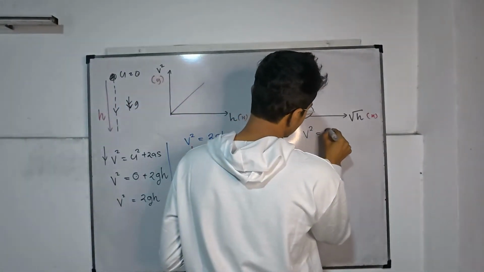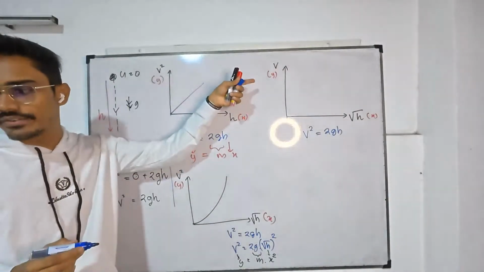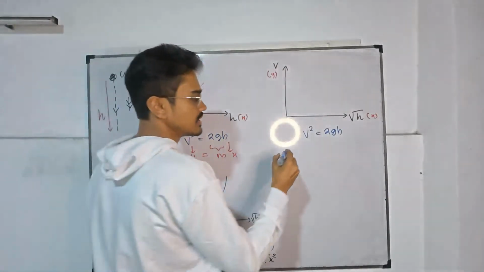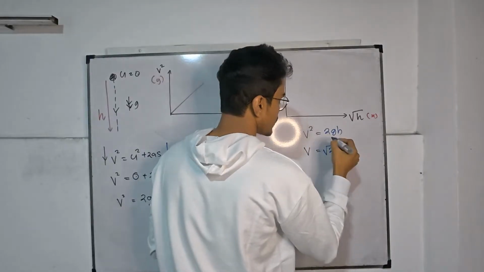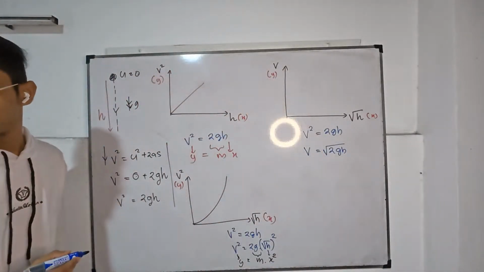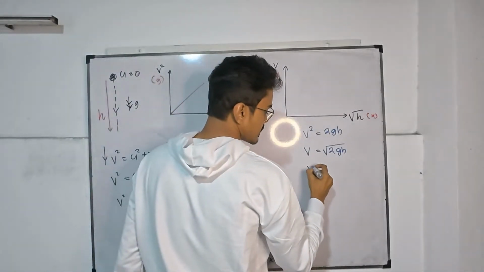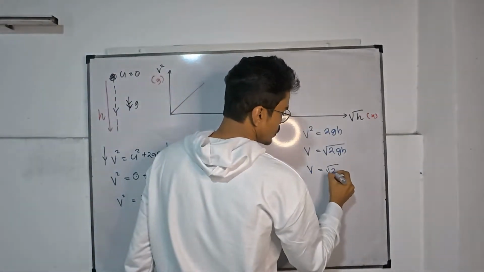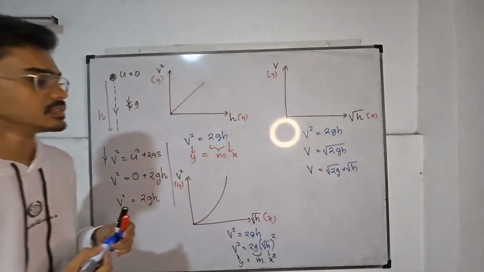Since I need v, I'm going to take the square root. So v is root 2gh. I need root h as x, so I can write the same as root 2g times root h. No problem, no harm.